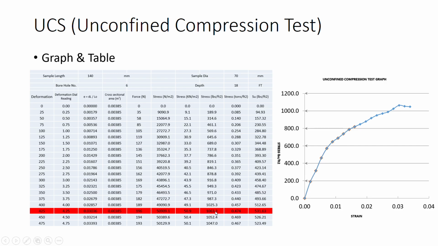At that point we have 1063.3 pounds per foot square. This value divided by 2 gives Cu and Su, the undrained shear strength and undrained cohesion value. This is the point.